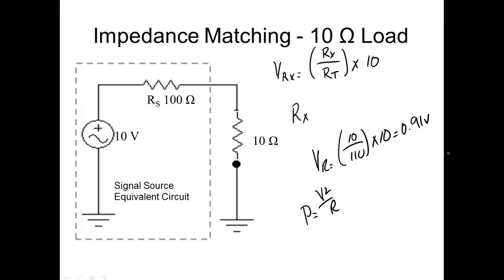We can do this with basically one calculation. I'm going to take the 0.91, square that, and divide it by 10, and this will give me my power. 0.91 squared gives you 0.8281. And we're going to divide that by 10, which gives 0.08 watts.